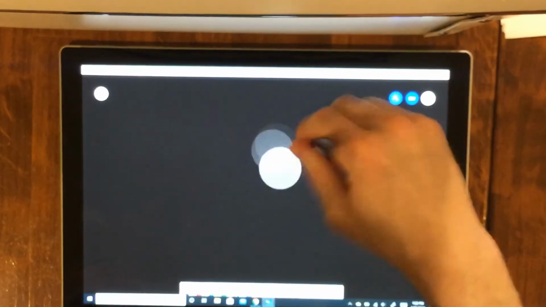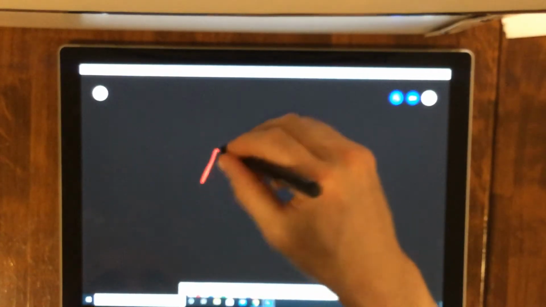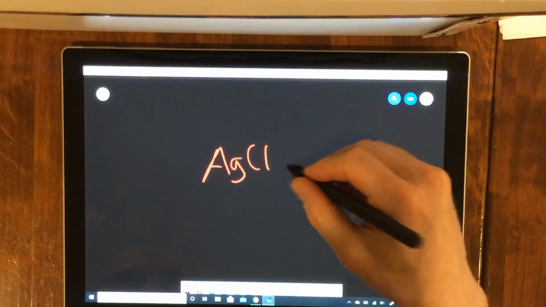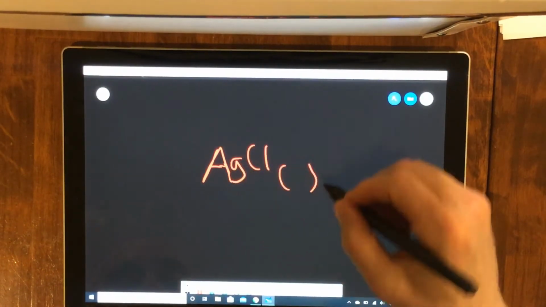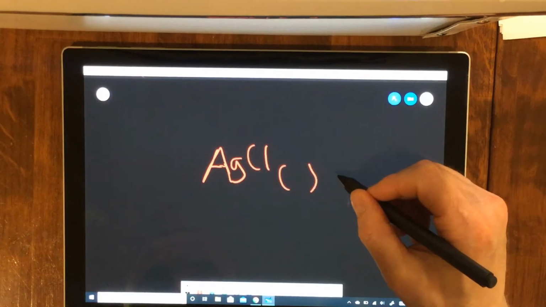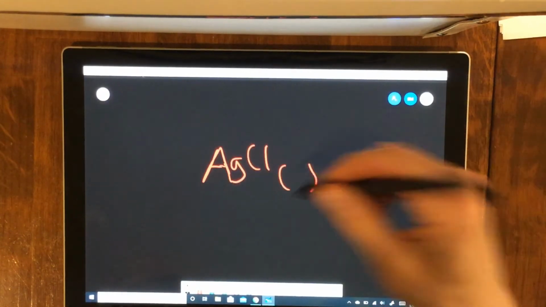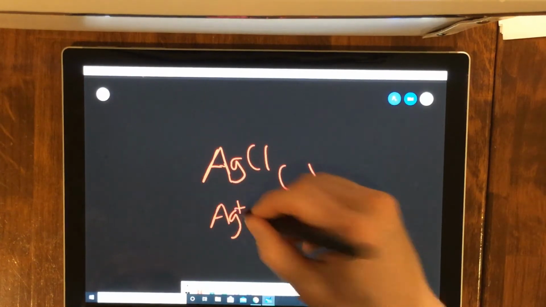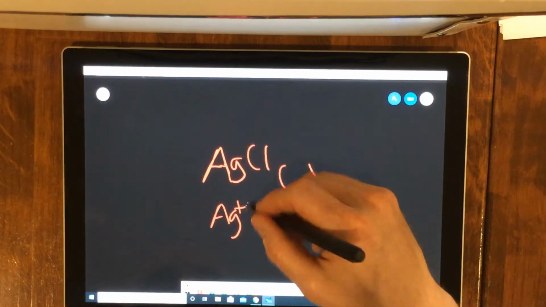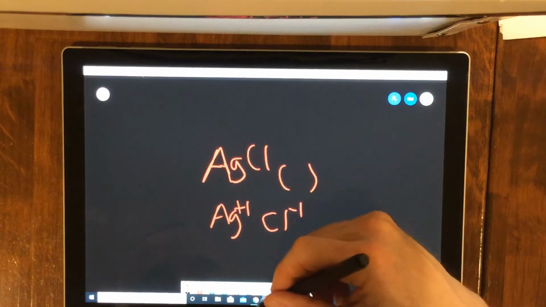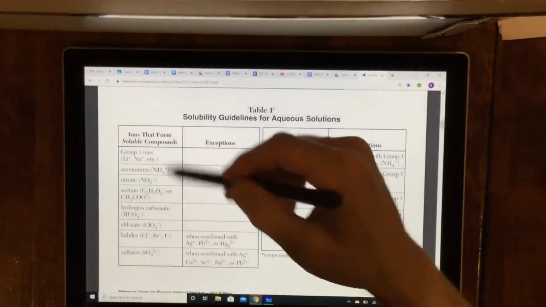Okay. What if it was AgCl though? Then in that parentheses there, am I putting AQ or solid? S or AQ? Soluble or insoluble? Well, how do we do it? Well, Ag plus, Cl minus. So we look up again, Cl minus. We just did one, right?